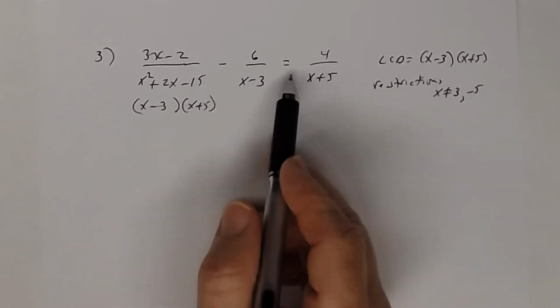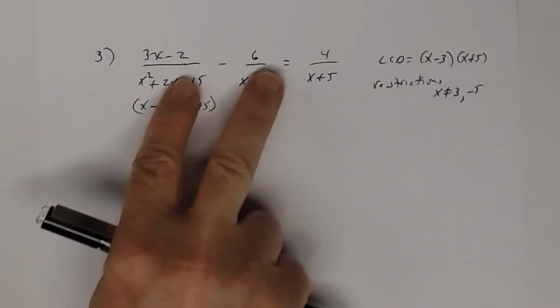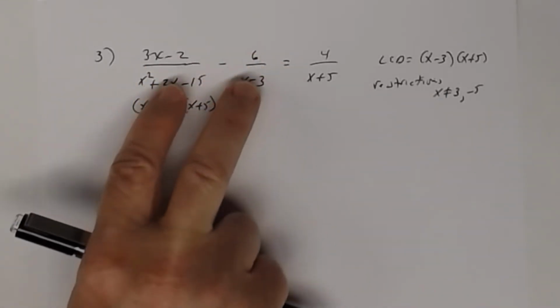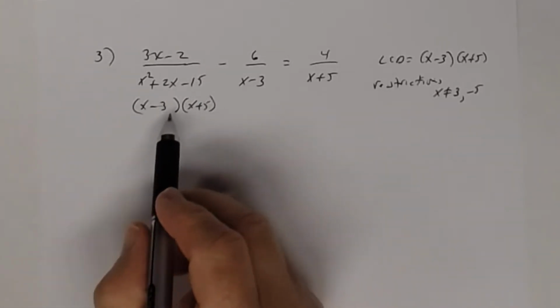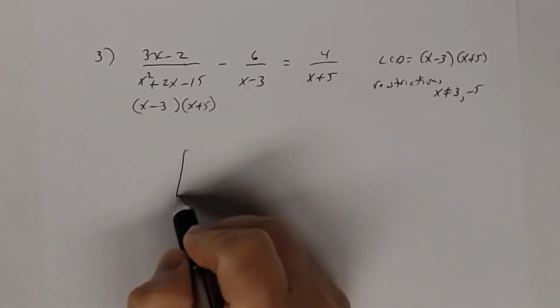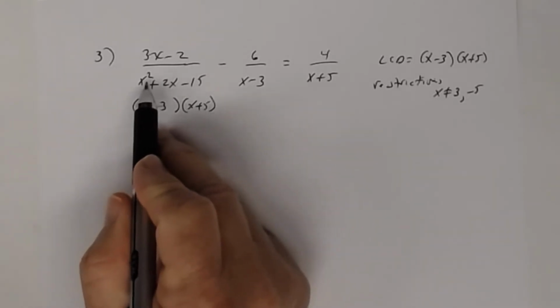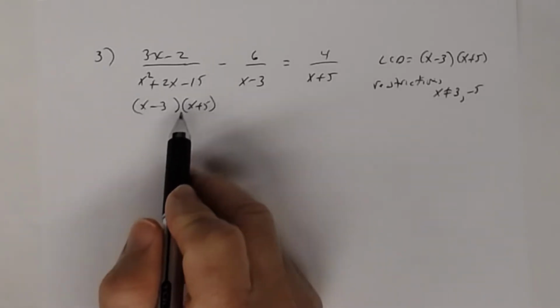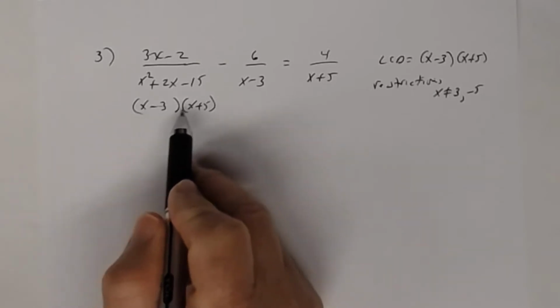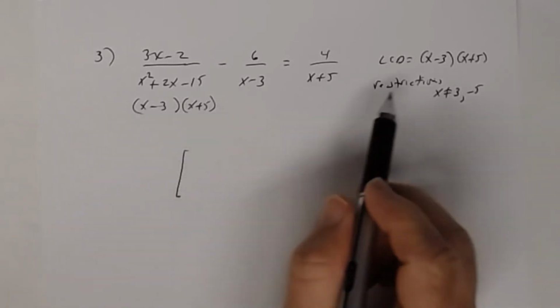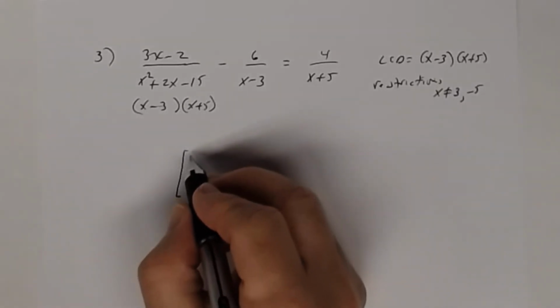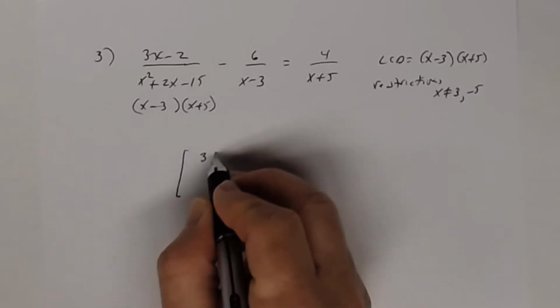Okay, so we're going to multiply both sides by the least common denominator. Notice I have two rational expressions here, so put that in parentheses. And when you rewrite it, make sure you put it in factored form. So don't write it as x squared plus 2x minus 15. Leave it like this because this part here is going to be your least common denominator. So it'll make things a lot easier for you.